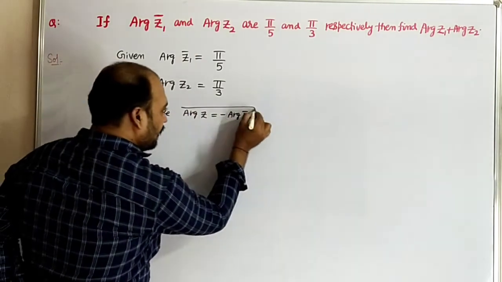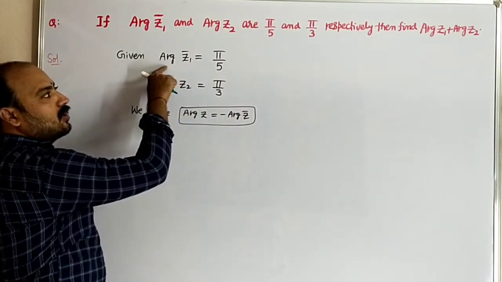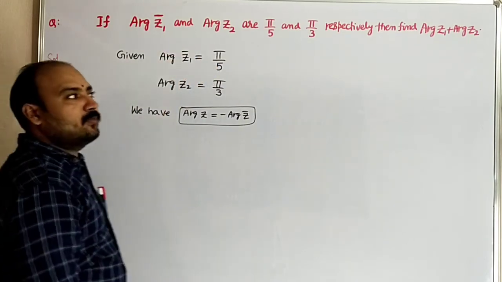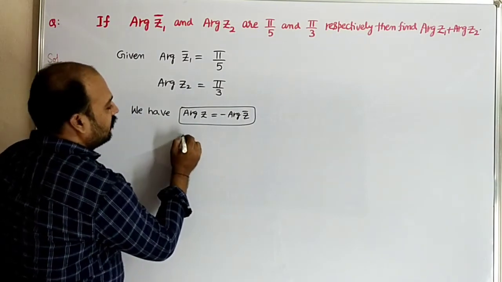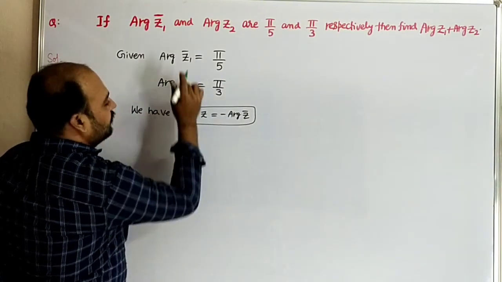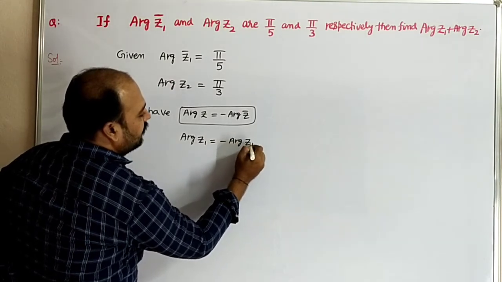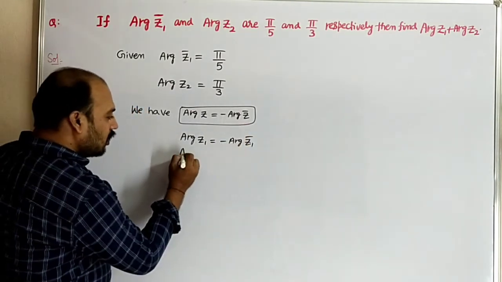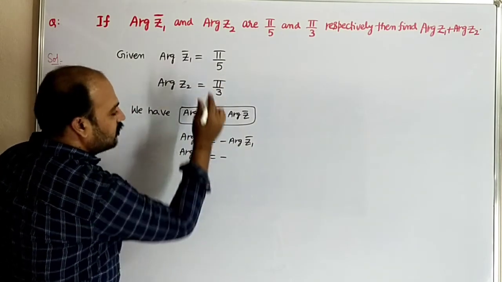What is the use of writing this formula? Here argument of z1 bar is pi by 5, but the question asks for argument of z1. So argument of z1 is equal to minus argument of z1 bar, which is minus pi by 5.